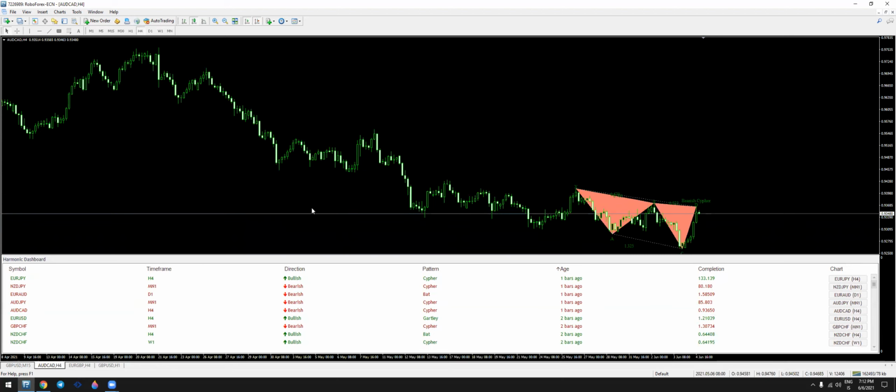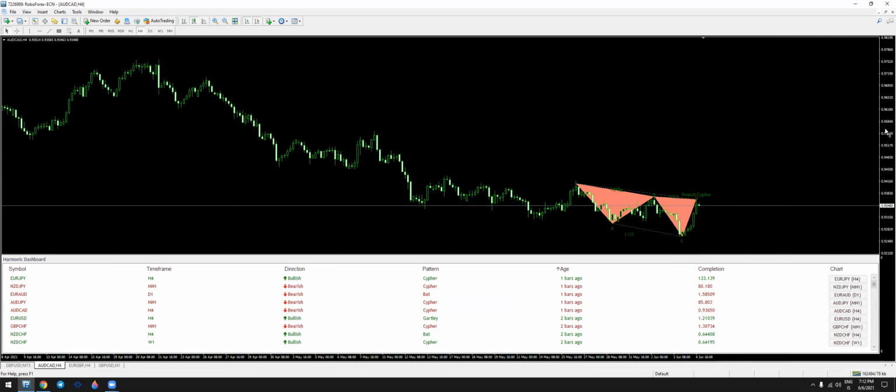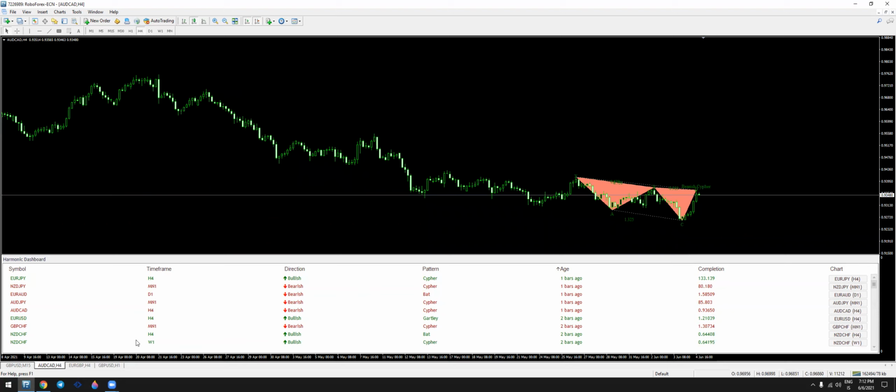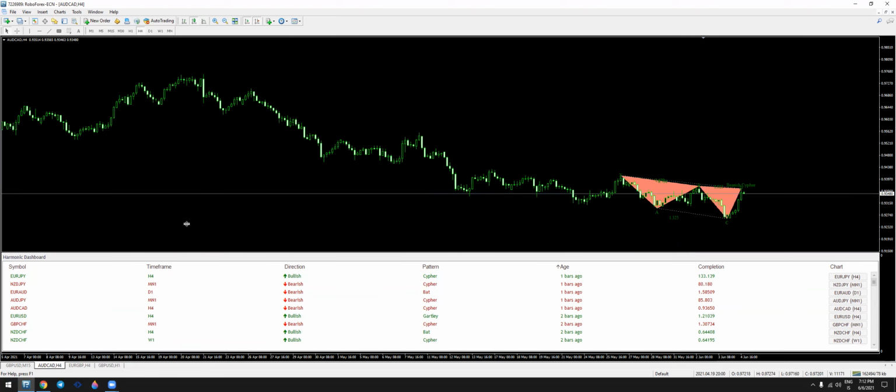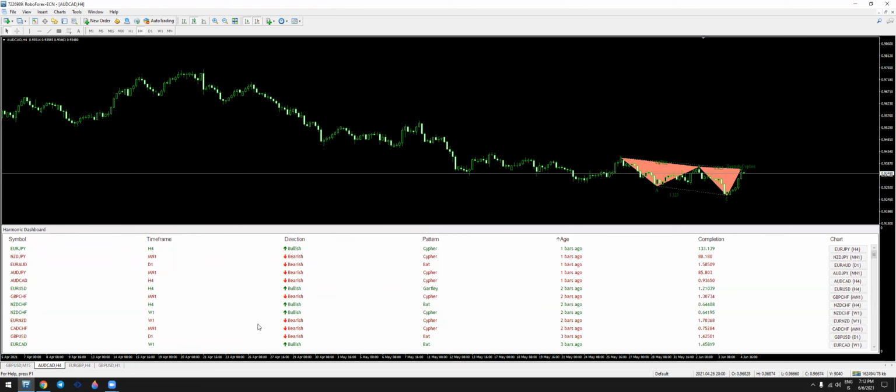And where is it? Oh, there's not really any nice zone here. Yeah, this could be a good one for next week. COT data also showing more bullishness in the CAD than the Aussie.